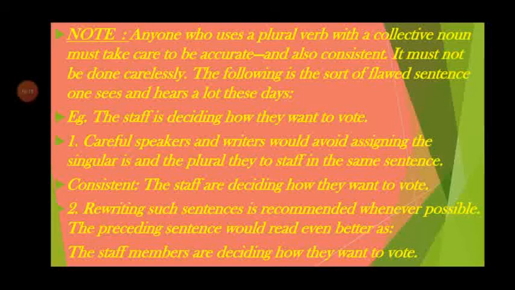Careful speakers and writers would avoid assigning the singular is and plural they to staff in the same sentence. The consistent form would be the staff are deciding how they want to vote. Rewriting such a sentence is recommended wherever and whenever possible. The preceding sentence will read even better as the staff members are deciding how they want to vote.